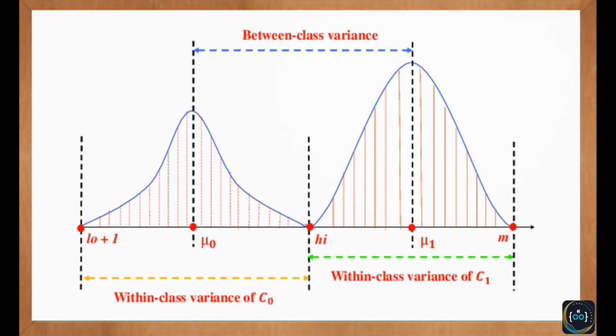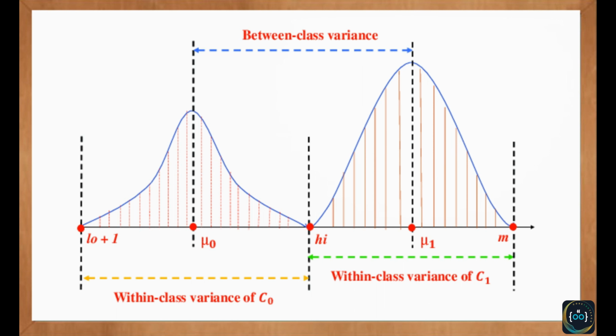The distance of each of the points of the black part from their central mean is the within class variance, and also the distance of the white region from its central mean is likewise the within class variance.